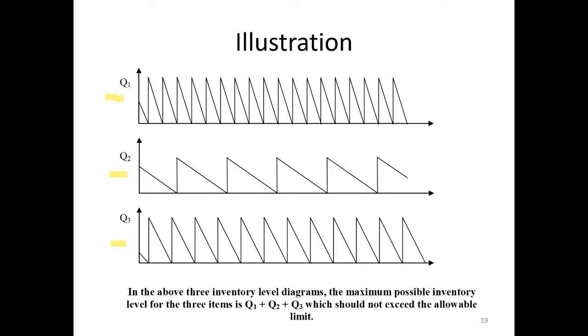But then, sometimes at certain points of time, you might have a total amount kept in inventory that's really large. For instance, if you take this point of time and look at the amount of inventory there, you'll see that the total number of units kept in inventory is quite large.